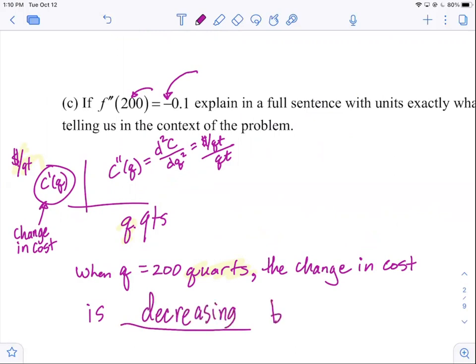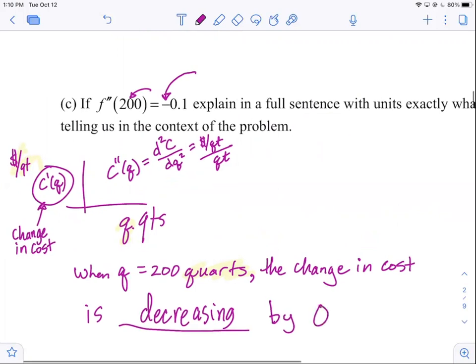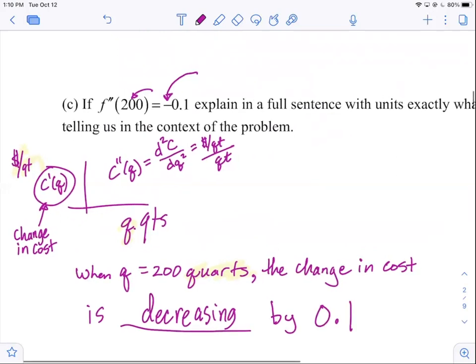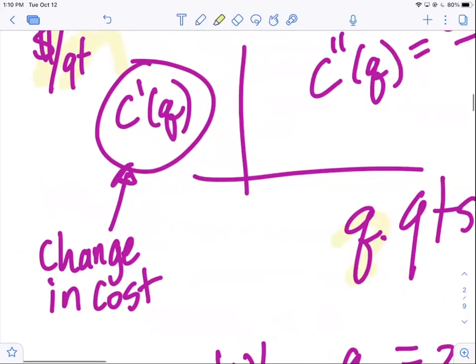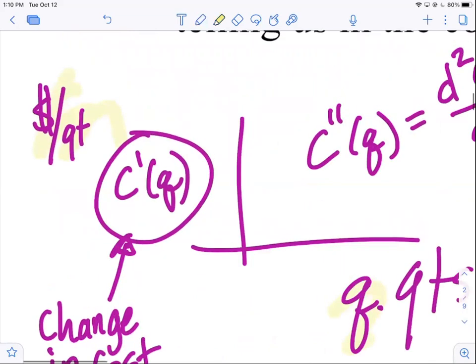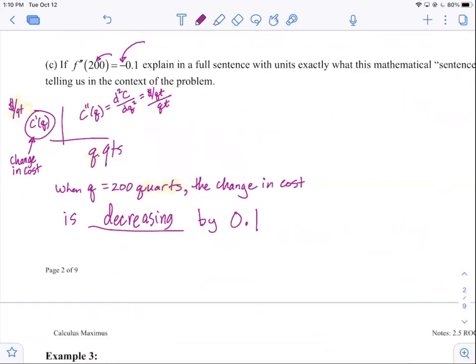And then you're going to say by, and now you drop the negative. We've already interpreted the negative, so now we look at the magnitude, which is 0.1. And we're going to say by 0.1, and we're going to talk about units of C prime, which are dollars per quart, all right? Are decreasing by 0.1 dollars per quart, right? Because that's the units of C prime, or the units in change in cost.